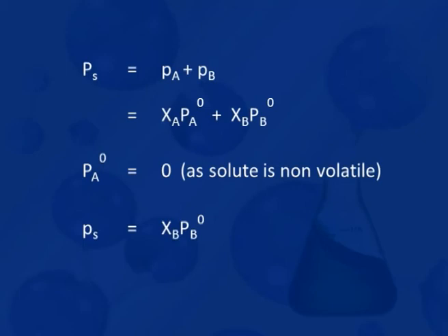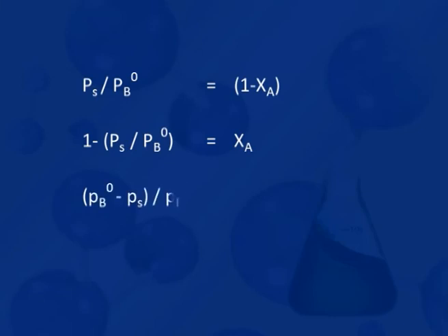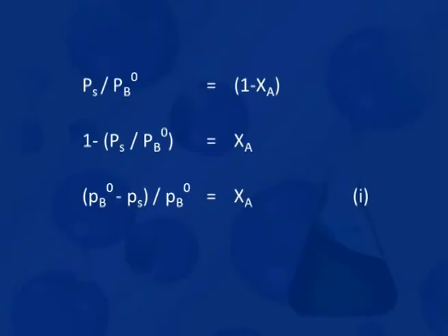Now, you will get Ps is equal to (1 minus Xa) multiplied by P naught B. On rearranging, you will get Ps upon P naught B equal to 1 minus Xa, or you can get (P naught B minus Ps) upon P naught B is equal to Xa, meaning relative lowering in vapor pressure is equal to mole fraction of solute. This is Raoult's law for dilute solutions.